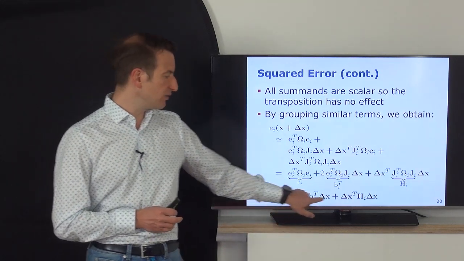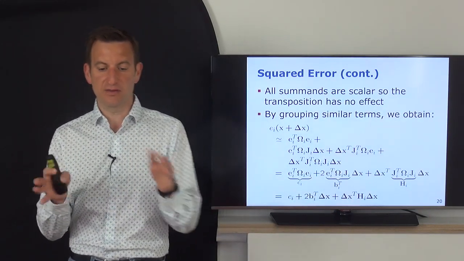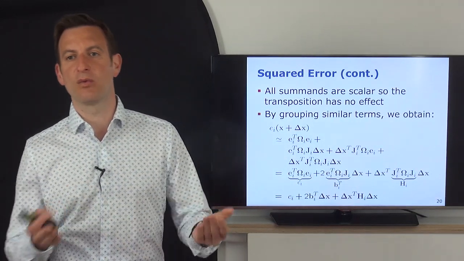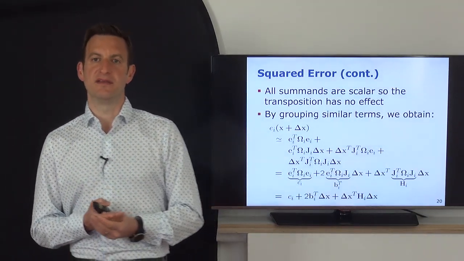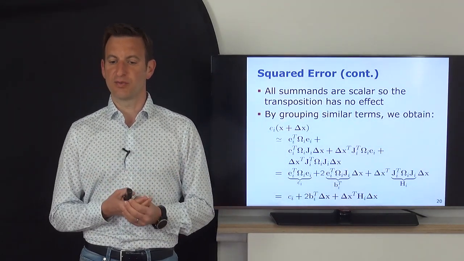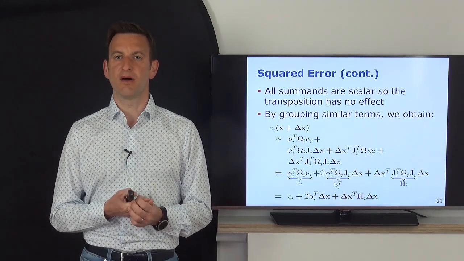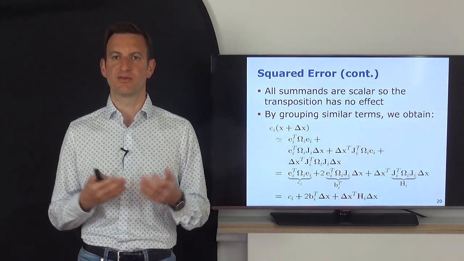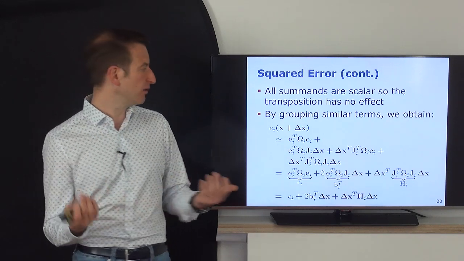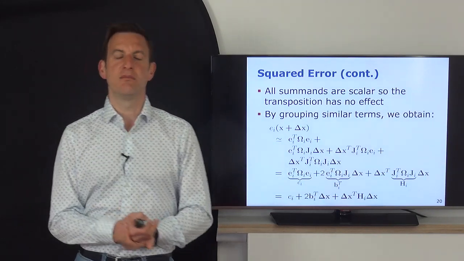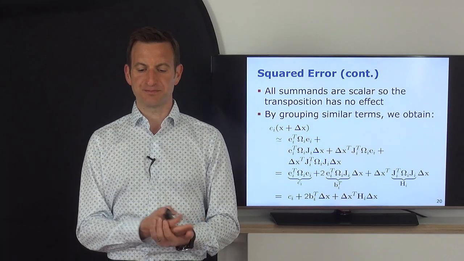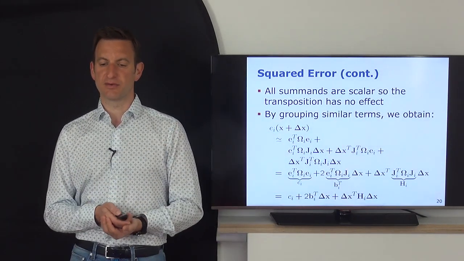And again, I was introducing these variables and was packing basically everything into those variables where there was no dependencies on this delta x. And so far, this was just a rearrangement of the individual error terms. So there was no black magic ongoing. The only approximation I did was putting in my Taylor approximation, and then I was just rearranging those terms.